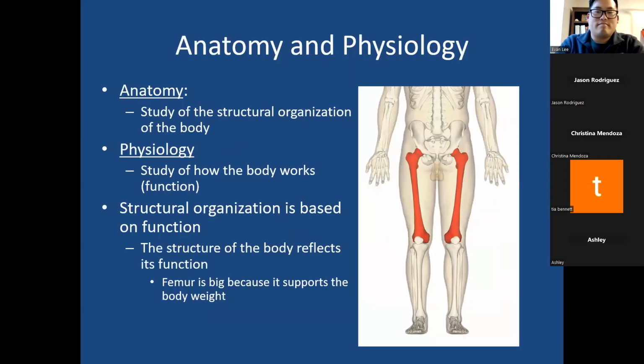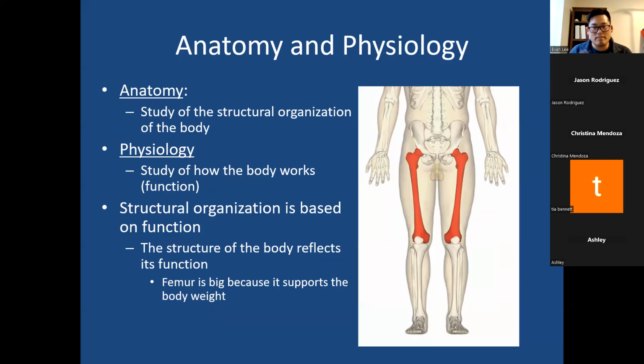Alrighty, well, let's talk about anatomy. So just to once again reiterate, anatomy is the study of structures and organization in the body. So anatomy is identifying structures, identifying parts, as well as knowing how everything is connected, oriented, and related to other structures.